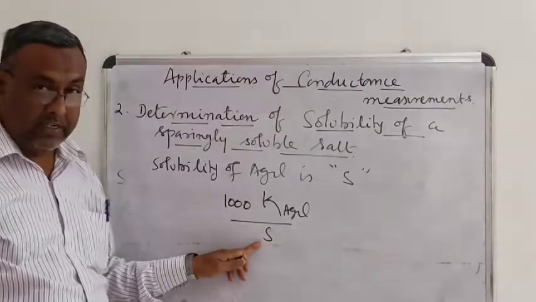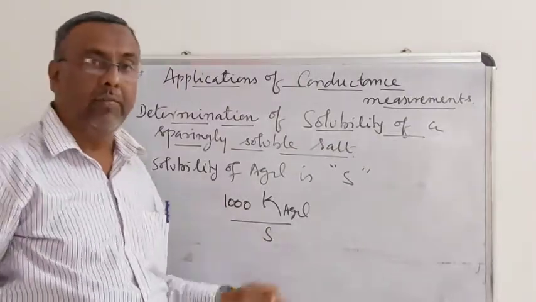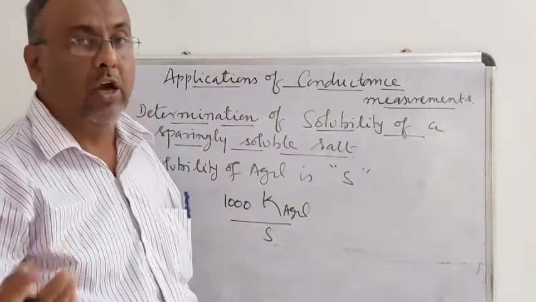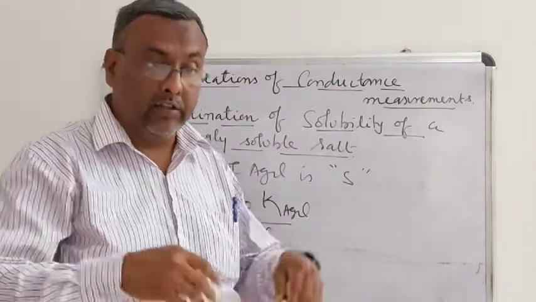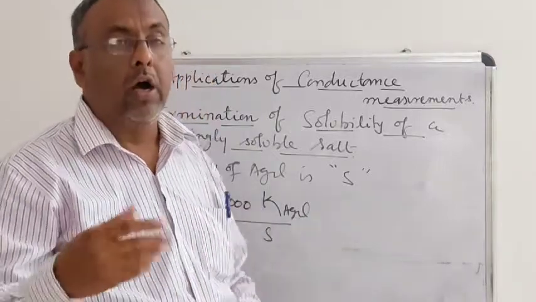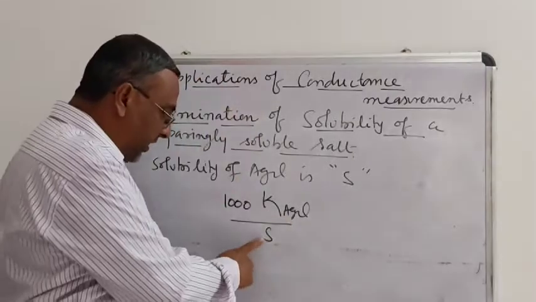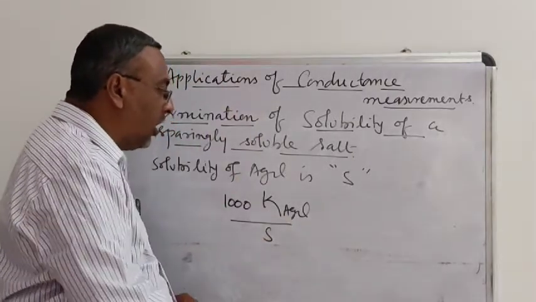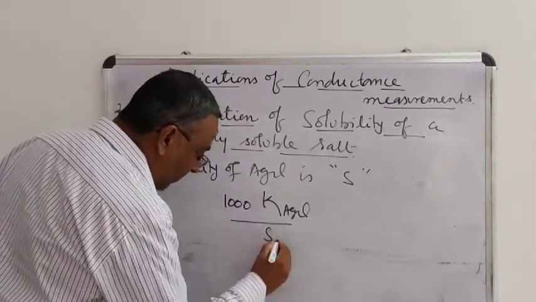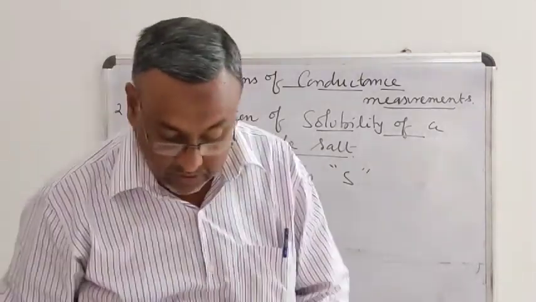Usually we use concentration. Concentration mainly depends upon the solubility. Greater the solubility, more ions will go into the solution, so the concentration also increases. Therefore, instead of writing C, I am writing the solubility of AgCl.